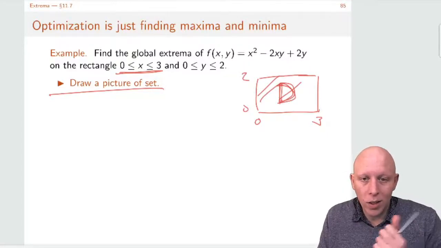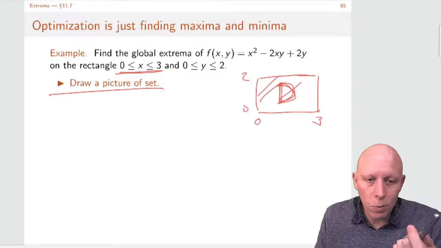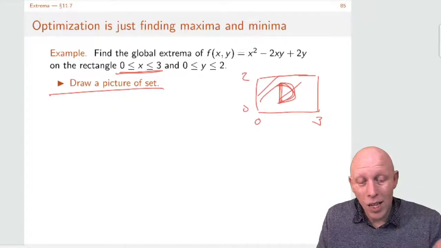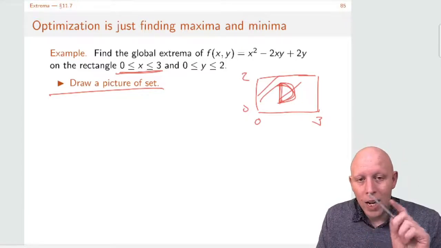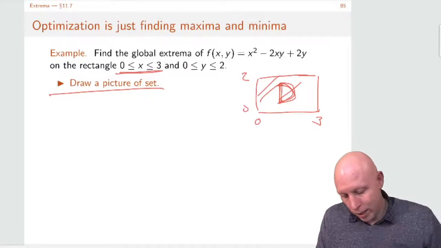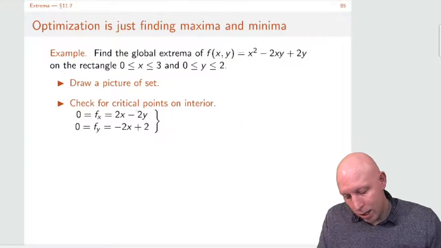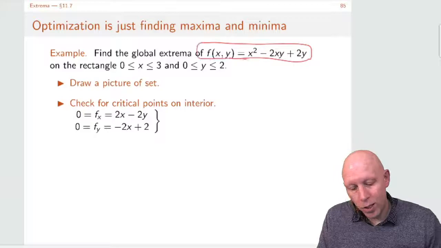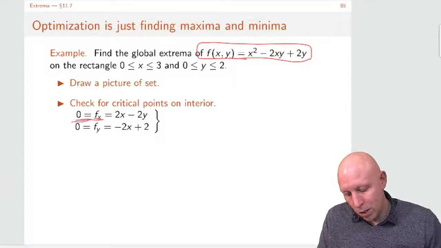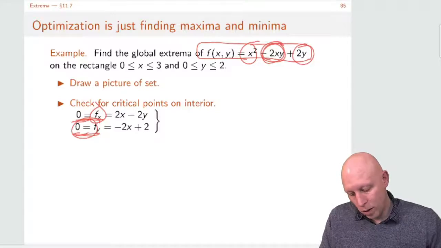All right, and so our strategy is look for critical points that are on the interior, and then we're going to check the boundary. So on the interior, how do you find critical points? You take the partial derivatives, you set them equal to 0. So f sub x, take the derivative: 2x minus 2y, and the derivative with respect to y: minus 2x plus 2.